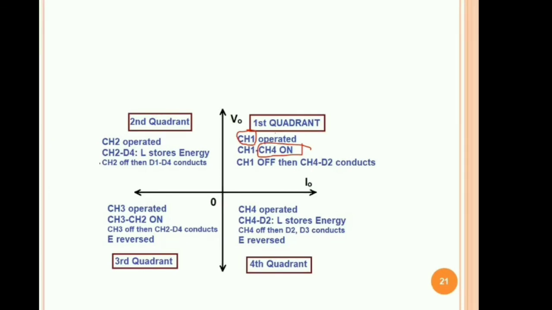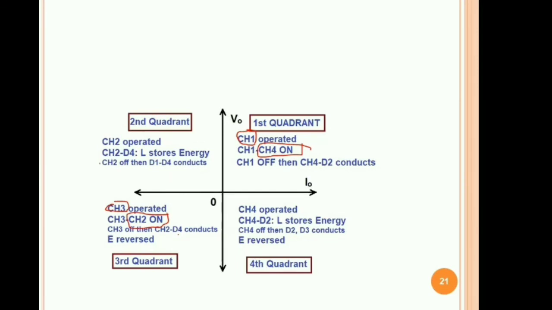Just opposite to quadrant 1, we have quadrant 3, where the third chopper switch, S3, is operated, and chopper 2 switch is always on.